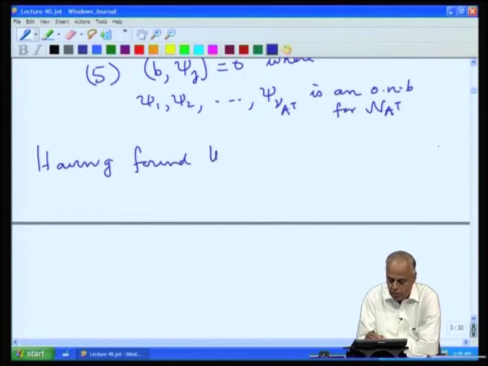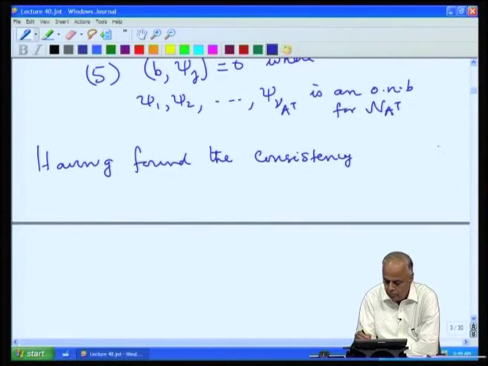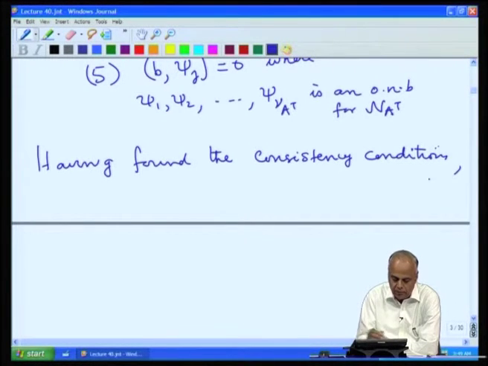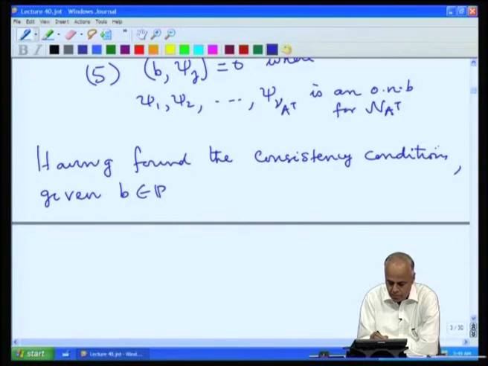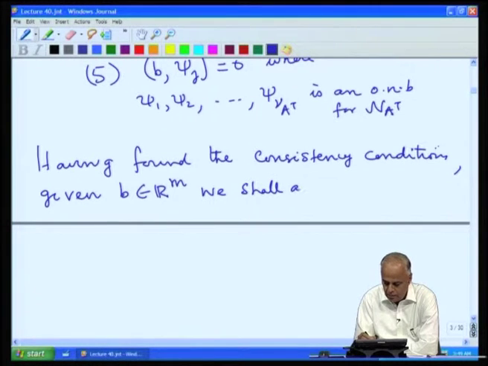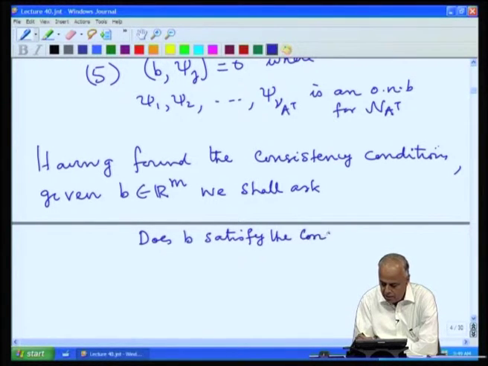Then, having found the consistency conditions, the first thing that we would do is, given any B, we shall ask, does B satisfy the consistency conditions?